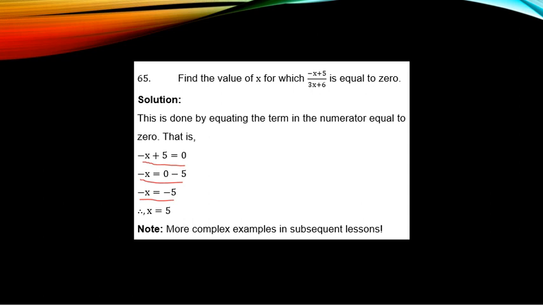So you have 0 over 15 plus 6, that is 0 over 21, and that is 0. So as long as S is equal to 5, the expression minus S plus 5 all over 3S plus 6 will always be 0.